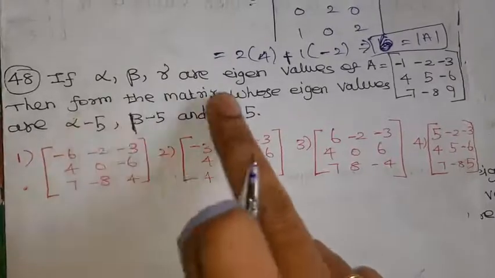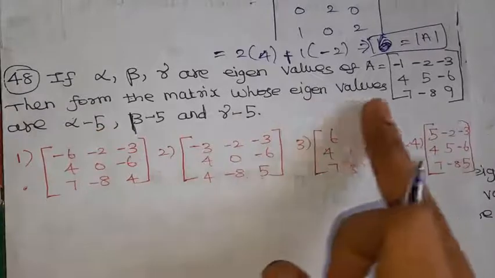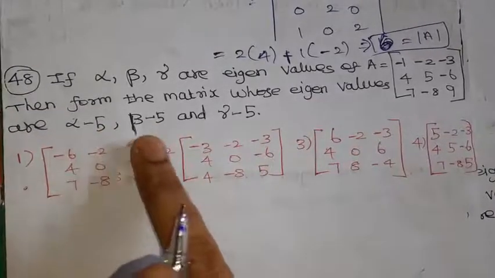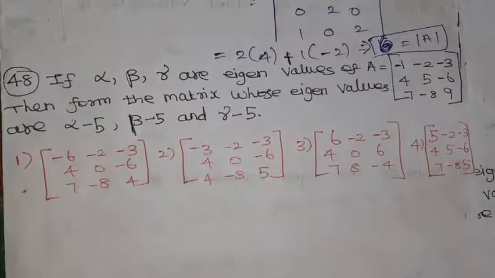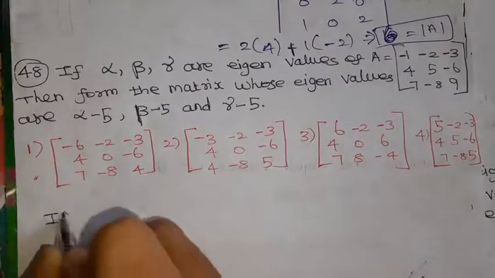If alpha, beta, gamma are eigenvalues of A, then form the matrix whose eigenvalues are alpha minus 5, beta minus 5 and gamma minus 5. This is also based on the properties of eigenvalues.